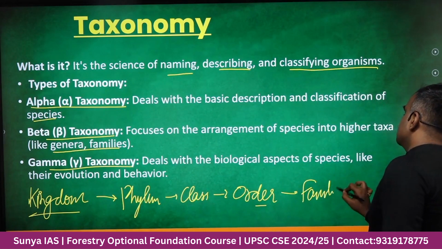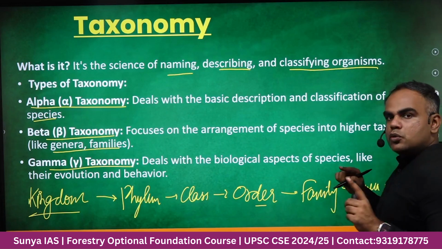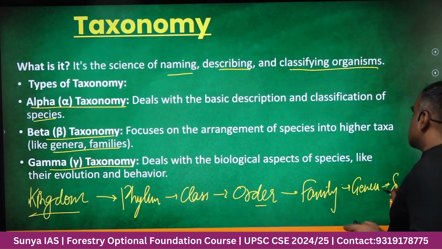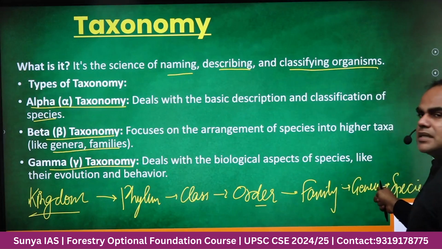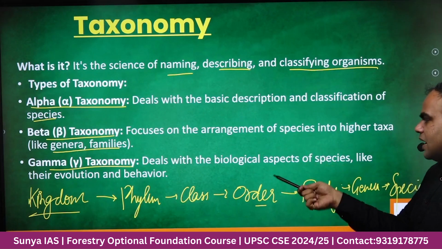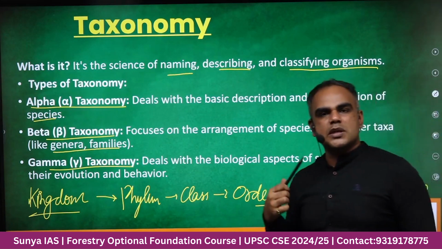For this you can also create your own mnemonic. By the way, if you remember, sometimes in a mangrove question they asked you the 6 genera. So genera is exactly here. And sometimes they ask you species. So you start with a kingdom, and then you have phylum, class, order, family, genera, and species. This is the sequence which follows.